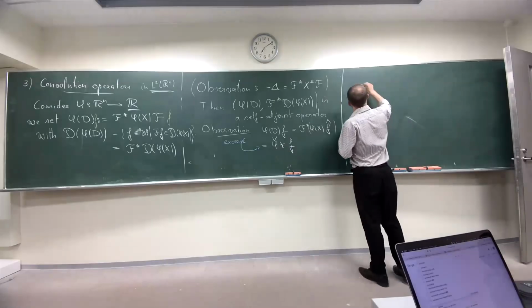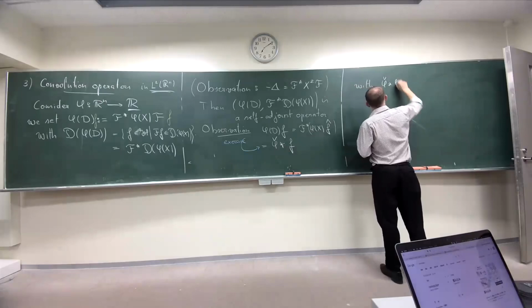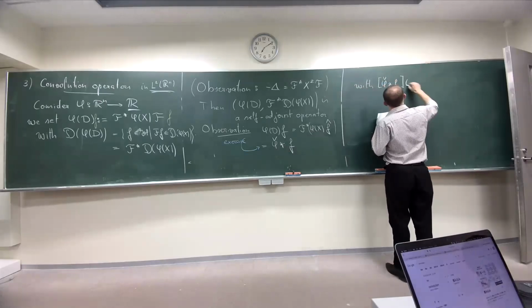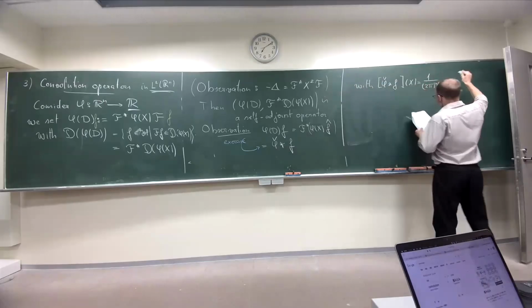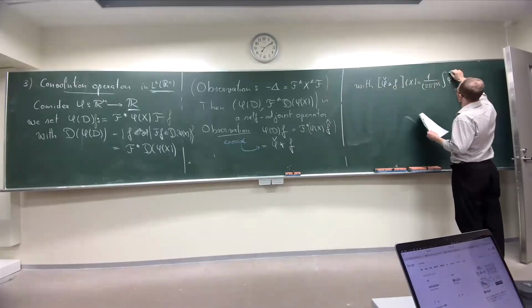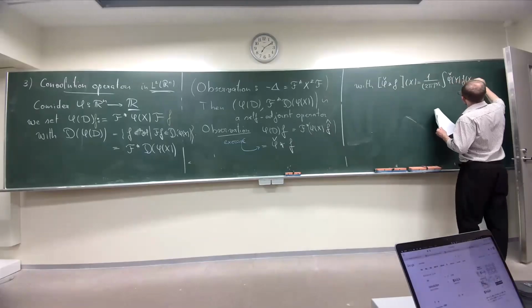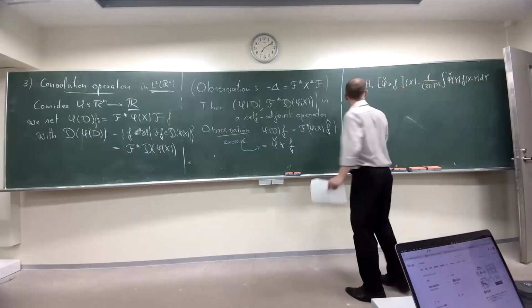So phi hat convolved with f, evaluated at x, is a constant 1 over (2 pi) to the n over 2, times the integral of phi of y, f of x minus y, dy. This is the definition of a convolution.